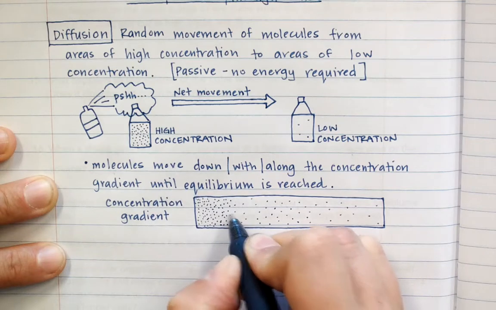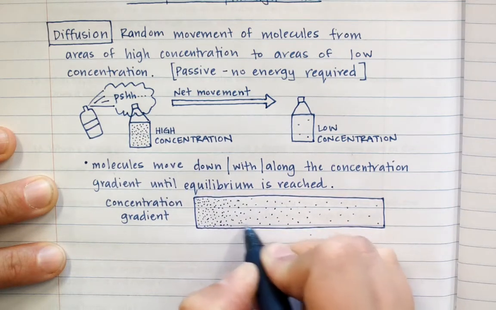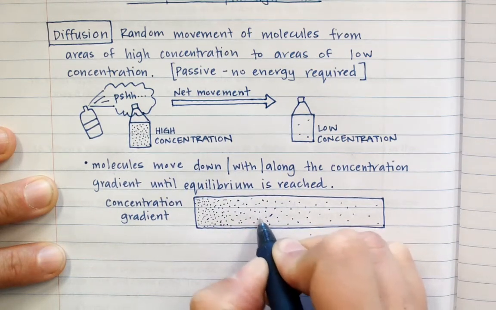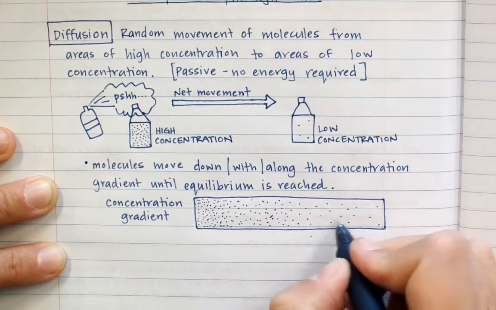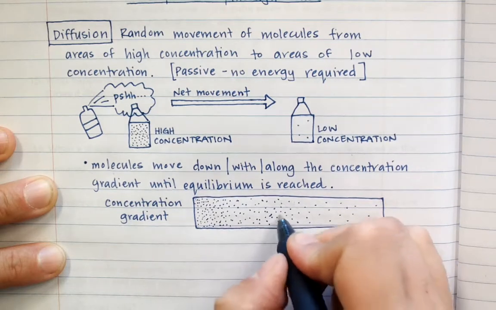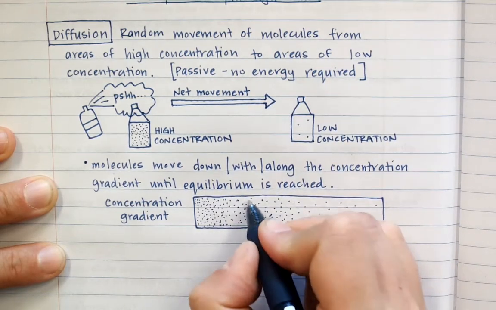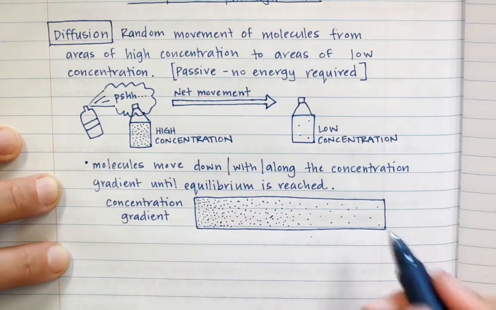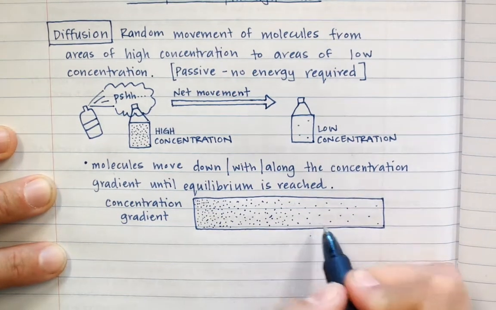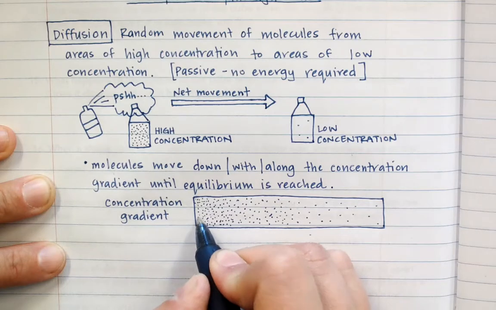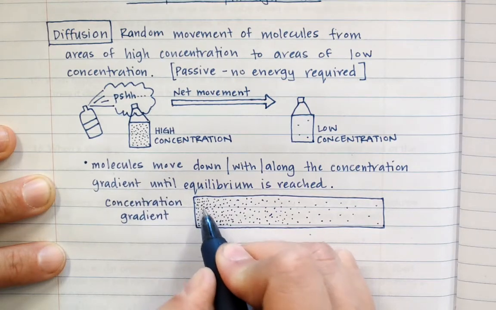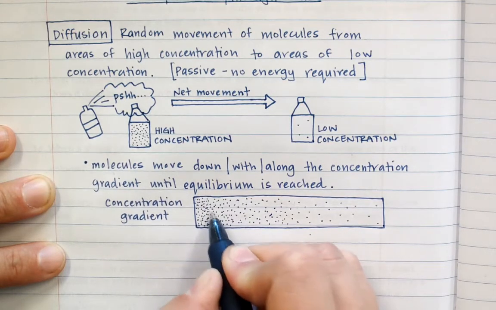So I'm going to have a whole bunch of dots. And I'm just going to keep adding a few. You can see that as we get closer to this far side, we have fewer of those dots. If I want to make it really obvious, I can even just keep adding more on this side.